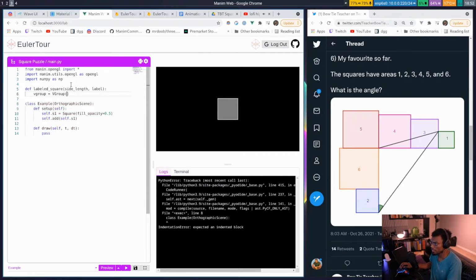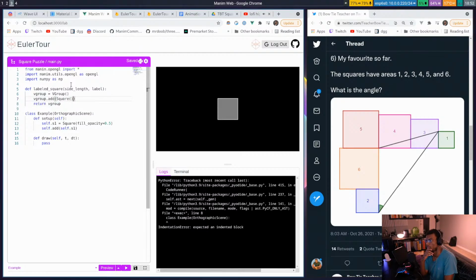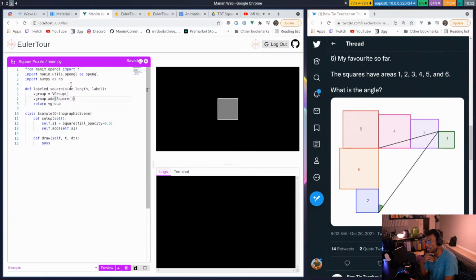I'll just create a V group like this. I'll just add in a square. I guess I'd want to add the label into the square, right?